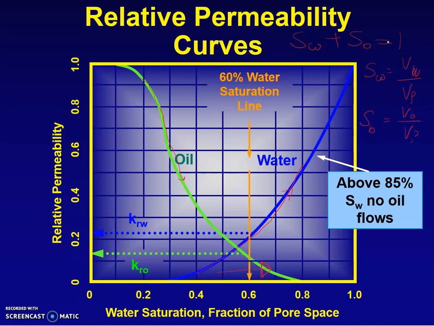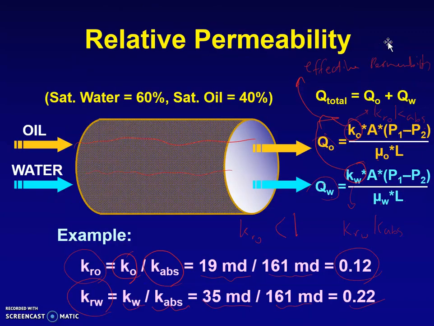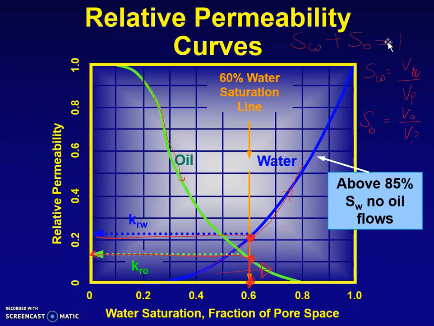At any point, let's say you have a rock that is at 60% saturation, you go here, you hit the curve, you read the value of relative permeability of oil, you go up, you hit the water relative permeability curve, you read the relative permeability of water, and you use it in Darcy's equation here. Instead of KO, you write KRO. K absolute, you measured also in the laboratory using 100% saturation of water, for example.